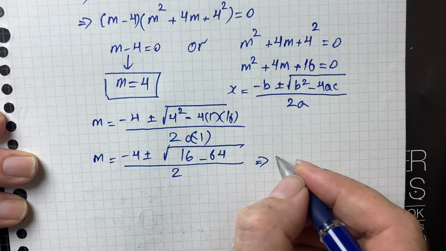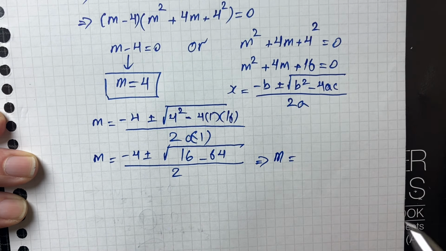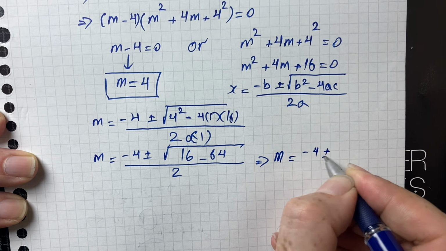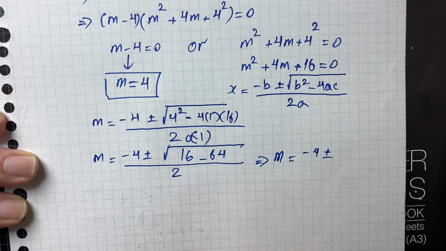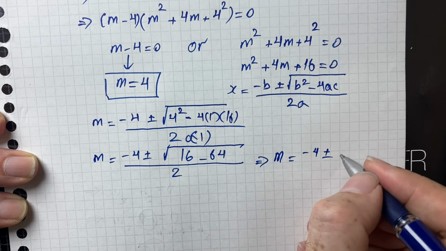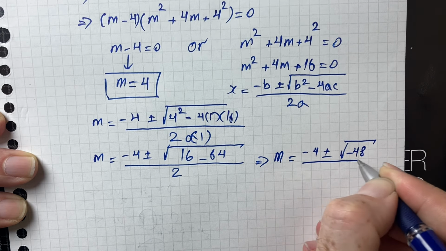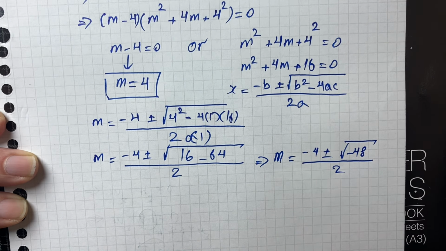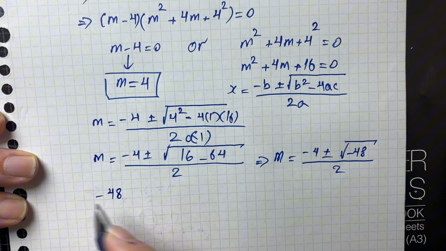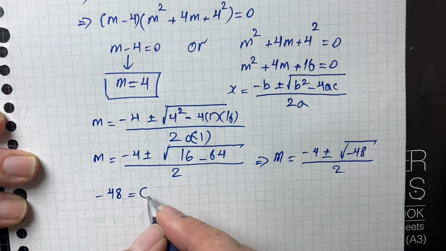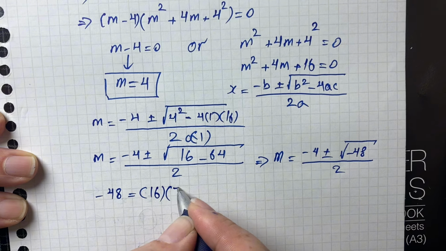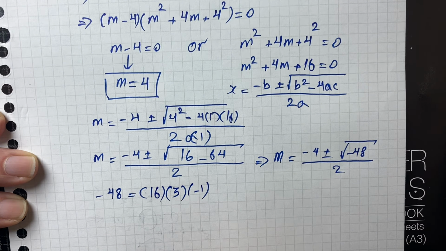So from this, the value of m is negative 4, positive negative, 16 minus 64 is square root of negative 48 over 2. Now, to continue the solution, I'm going to work on this number, which means negative 48. It can be written in the form of 16 times 3 times negative 1, right?